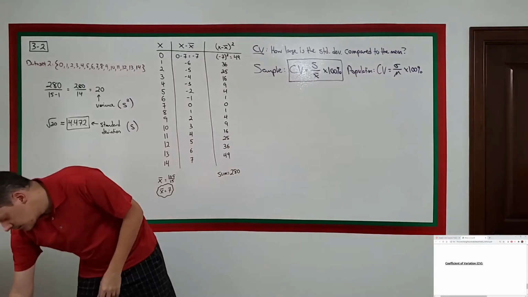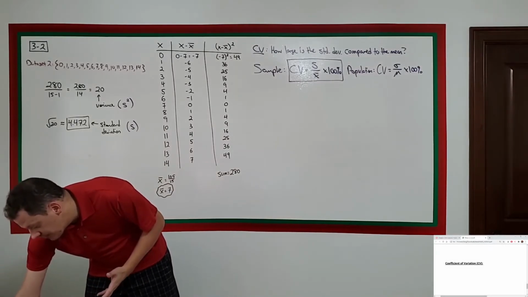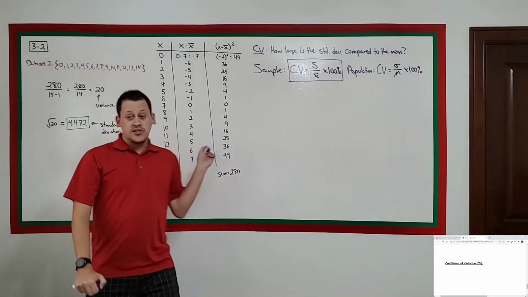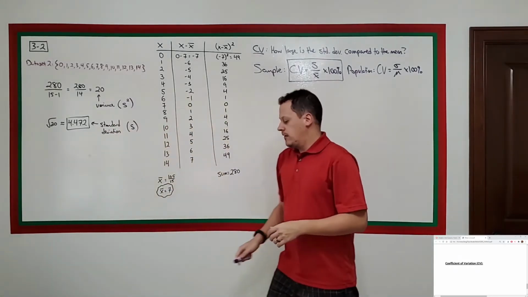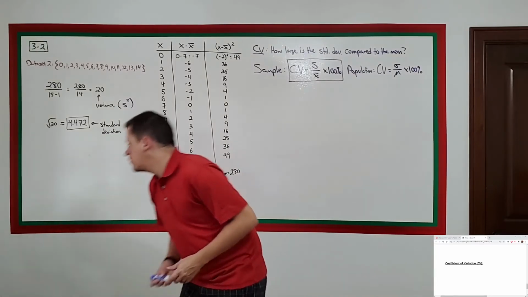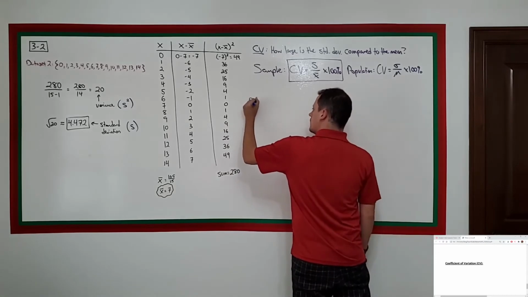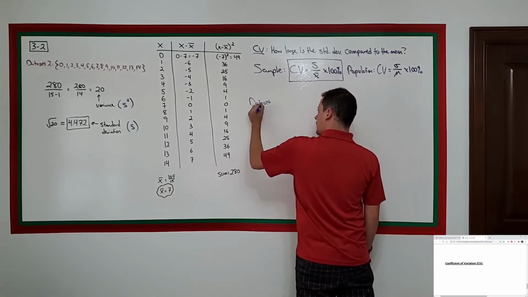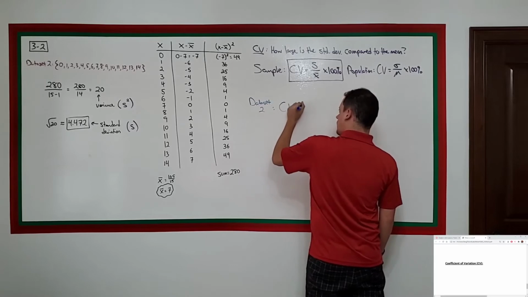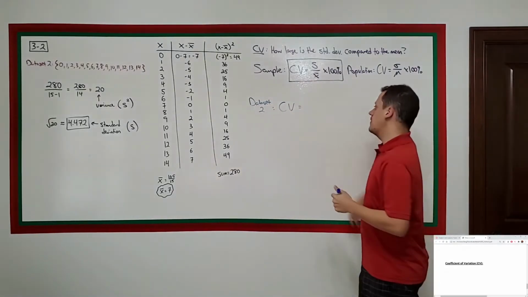Good. So, let's calculate the coefficient of variation for dataset 2, since it's right here. We're going to treat this as a sample, so we're going to be using this formula here.